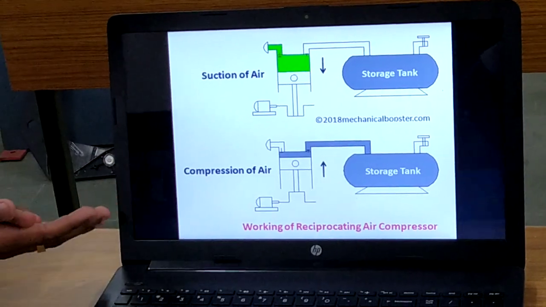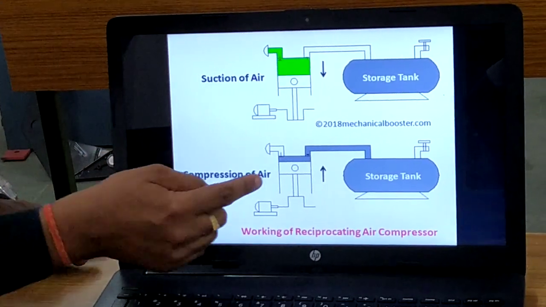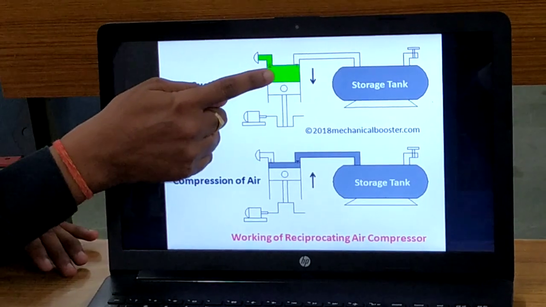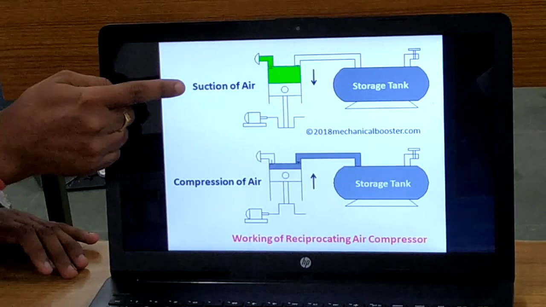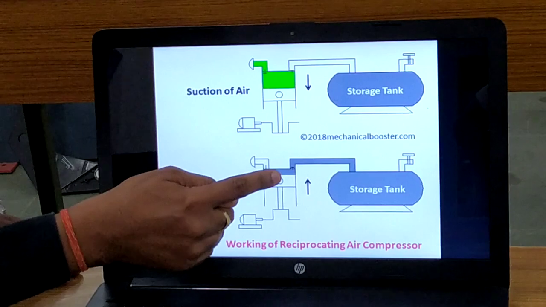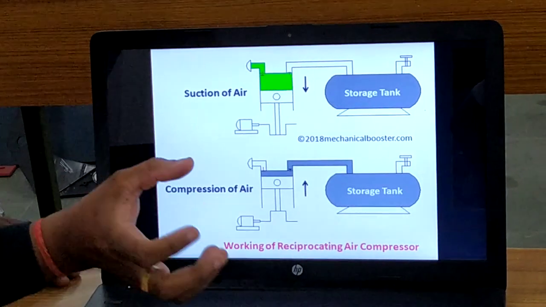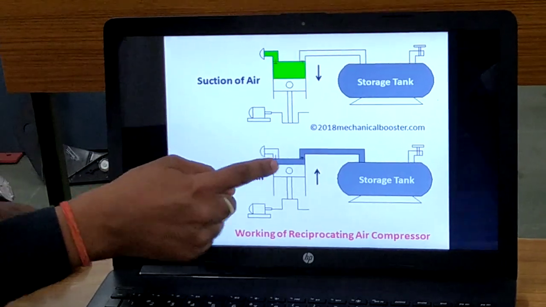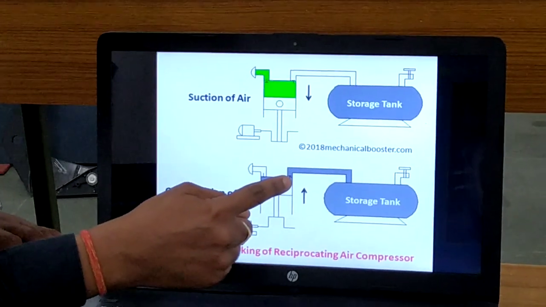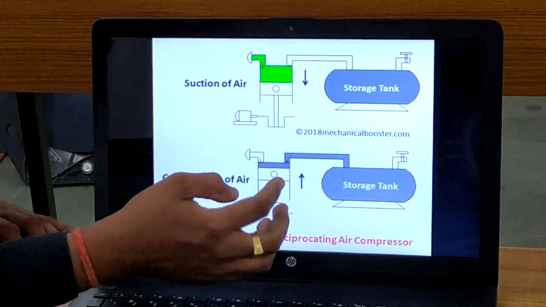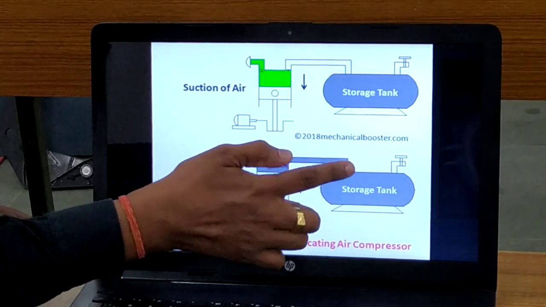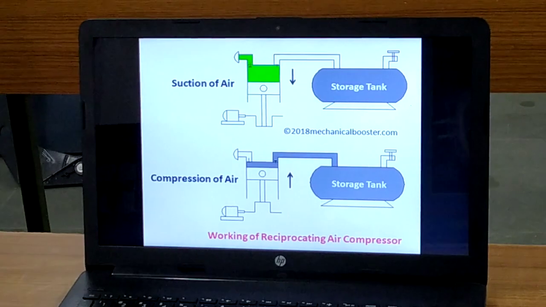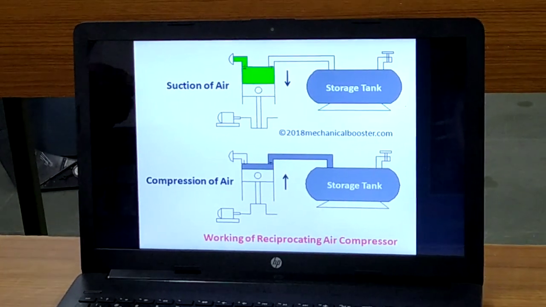In compression, when the piston goes upward, the air inside the cylinder is compressed, the inlet valve is closed, and the exhaust valve opens when the pressure is raised, and that pressurized air comes to the storage tank. This happens in suction and compression.